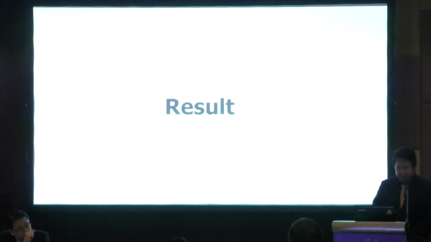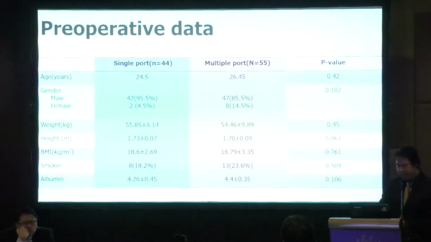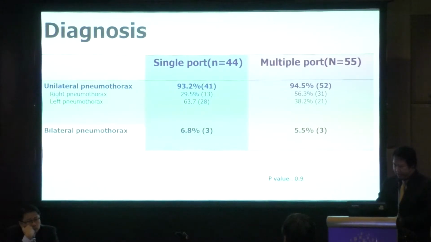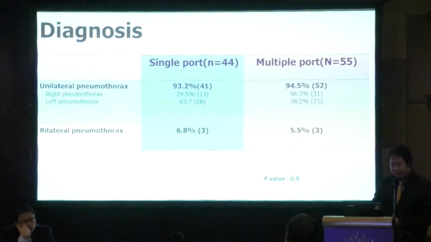These are my results. The baseline data show age, gender, weight, height, BMI, smoking, and albumin are not significantly different between the two groups, and the diagnosis is also not significant. Unilateral pneumothorax was 93.2% in the single port group and 94.5% in the multiple port group.